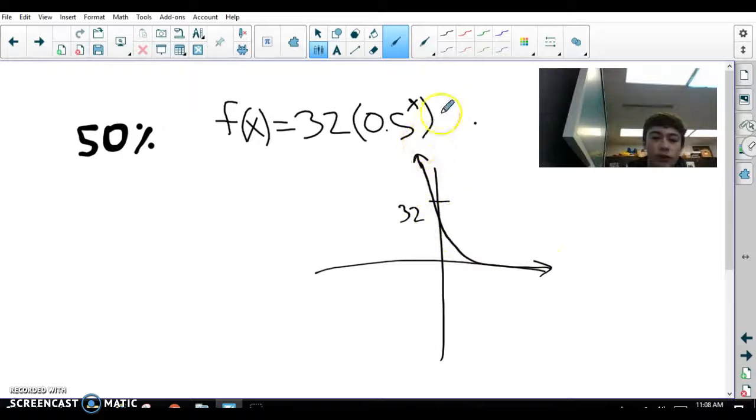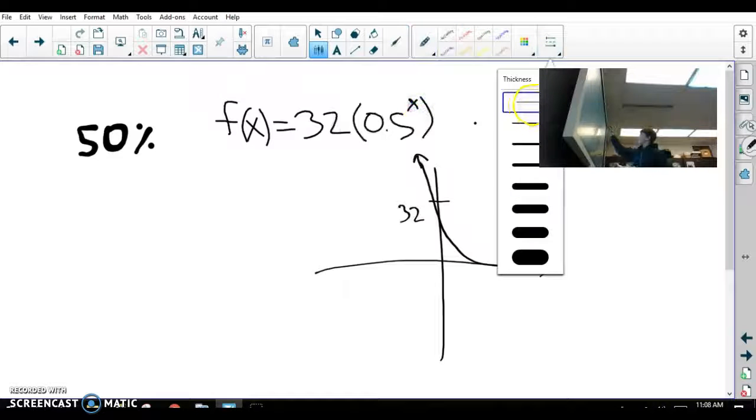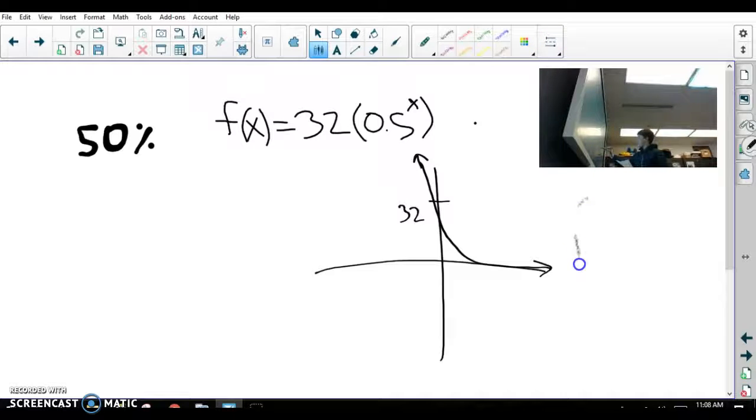So the limit of f(x) on this side right here, the f of x is y. So the y is always gonna go towards 0. So the limit is 0.